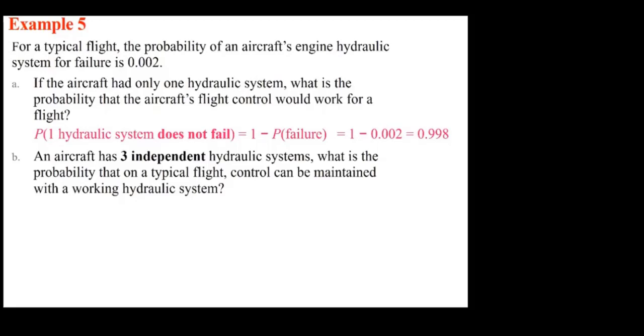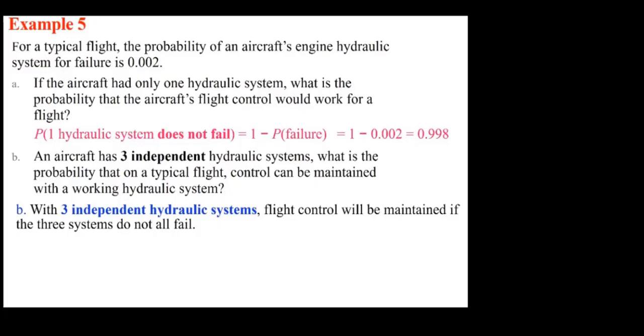An aircraft has 3 independent hydraulic systems. What is the probability that on a typical flight, control can be maintained with a working hydraulic system? They are independent, and so even if only one of them works, control is maintained. So the only way that it fails is if all of them fail. If the systems are independent, it can really save lives. All of them can fail with the following probability, 0.002 to the third power.